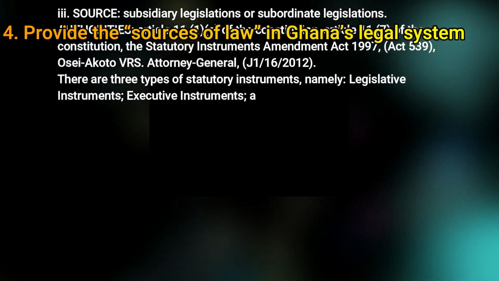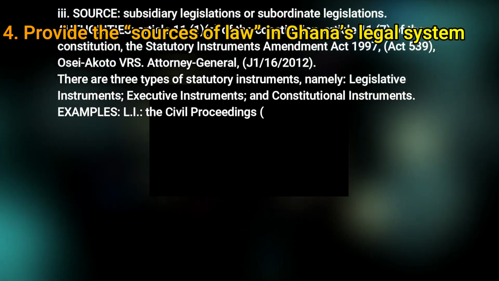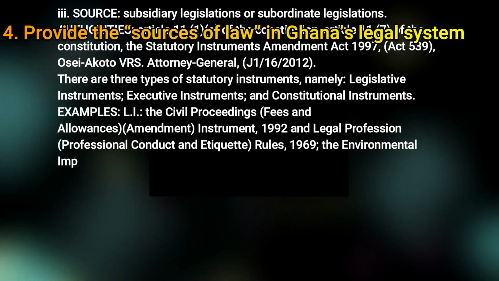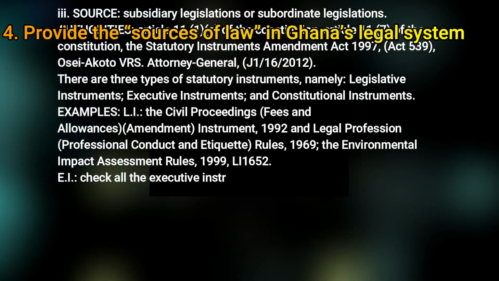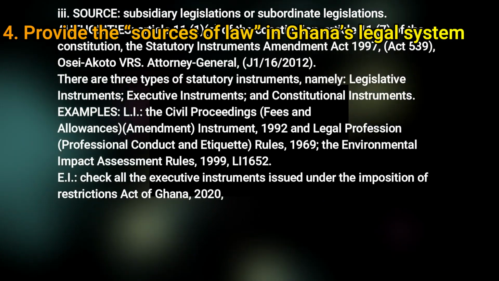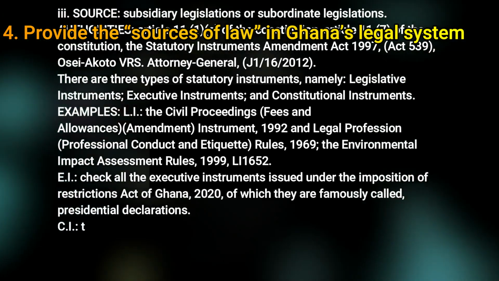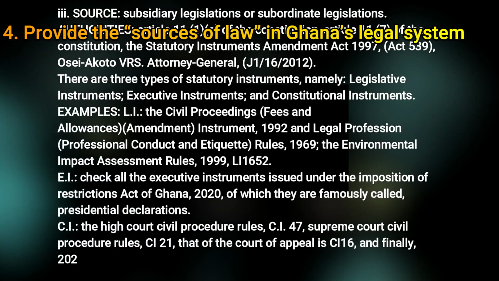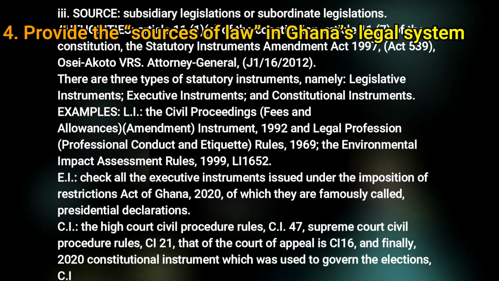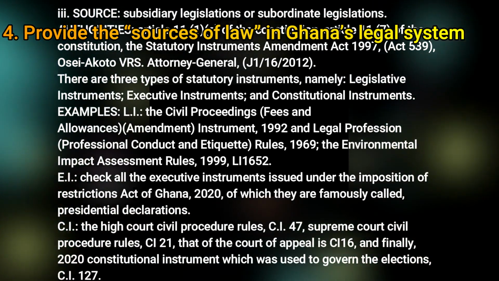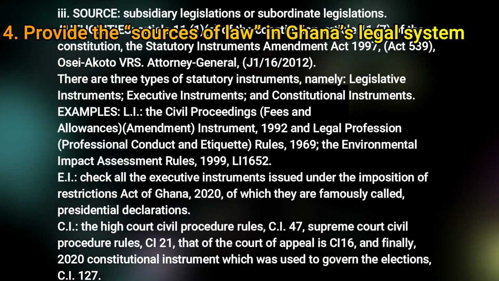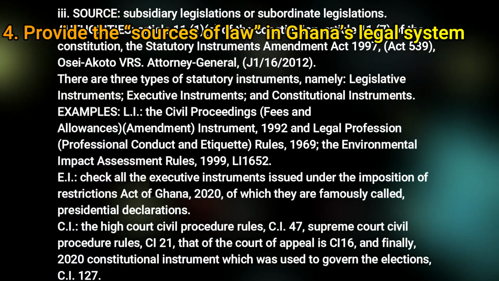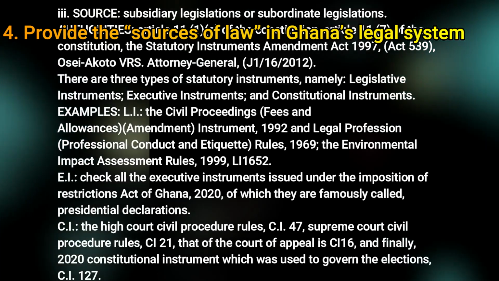This can be found under Article 11(1)(c) and Article 11(7) of the 1992 Constitution, the Statutory Instruments Amendment Act 1997, Act 539, and was also emphasized in the case of Osei Akoto versus Attorney General, suit number J1/16/2012. There are three types of statutory instruments, and they are legislative instruments, executive instruments, and constitutional instruments.